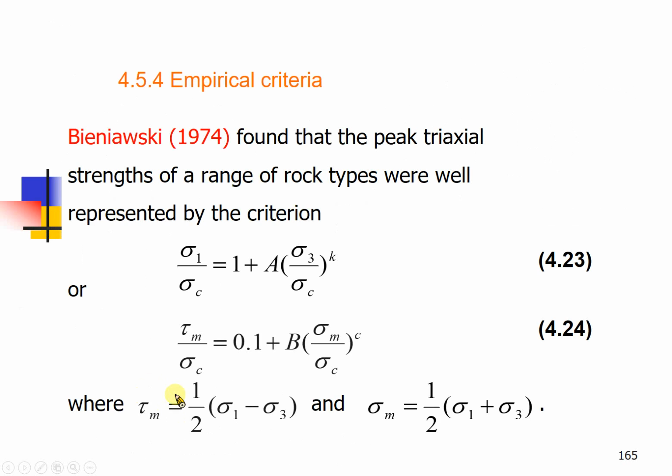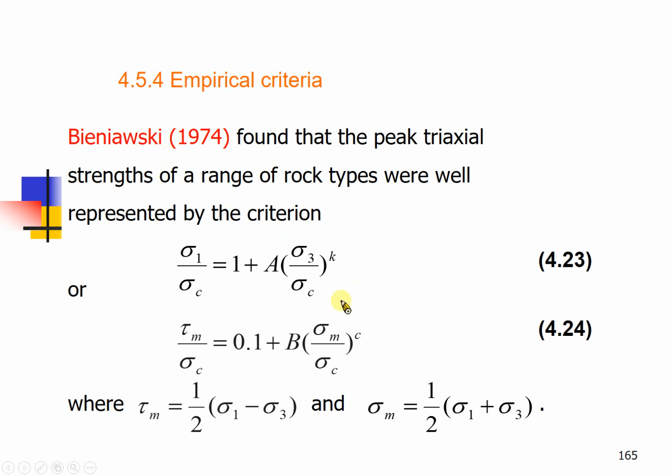and there are some empirical failure criteria. This is one of the famous nonlinear failure criteria of rock, which was proposed by Bieniawski. I think maybe you're already familiar with Bieniawski because of the RMR, rock mass rating classification system.